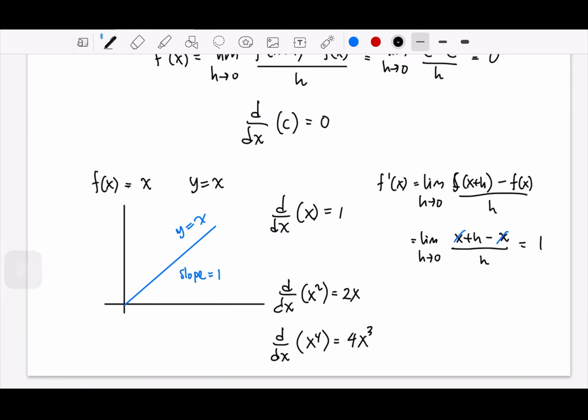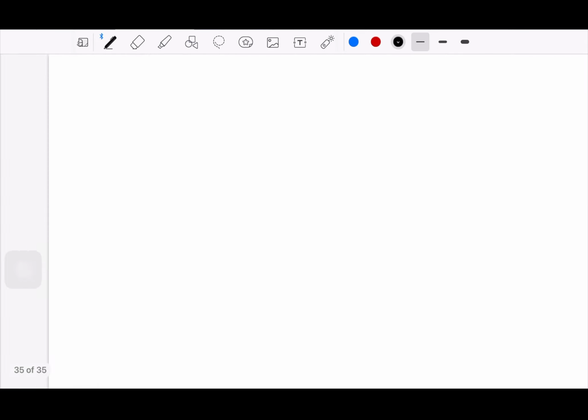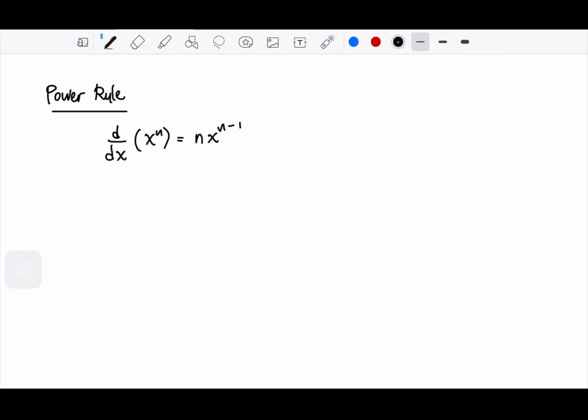So we can develop what we call the power rule. This is if n is a positive integer.